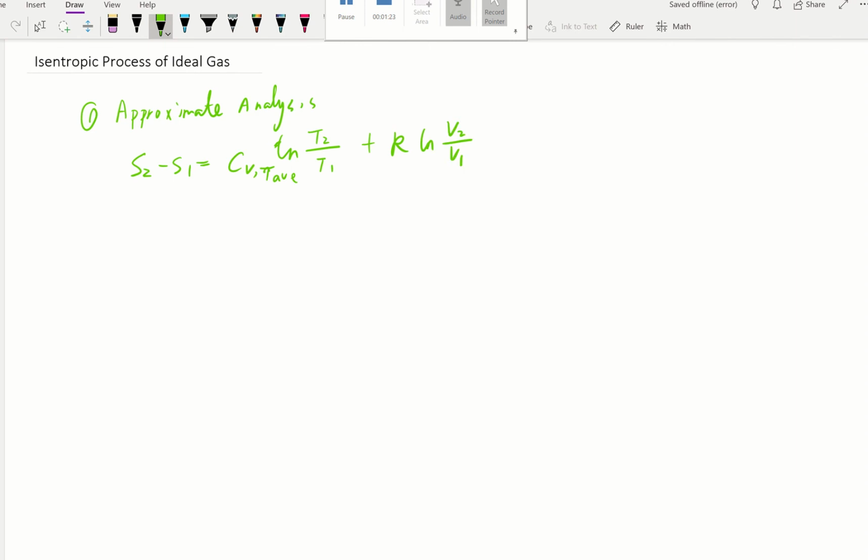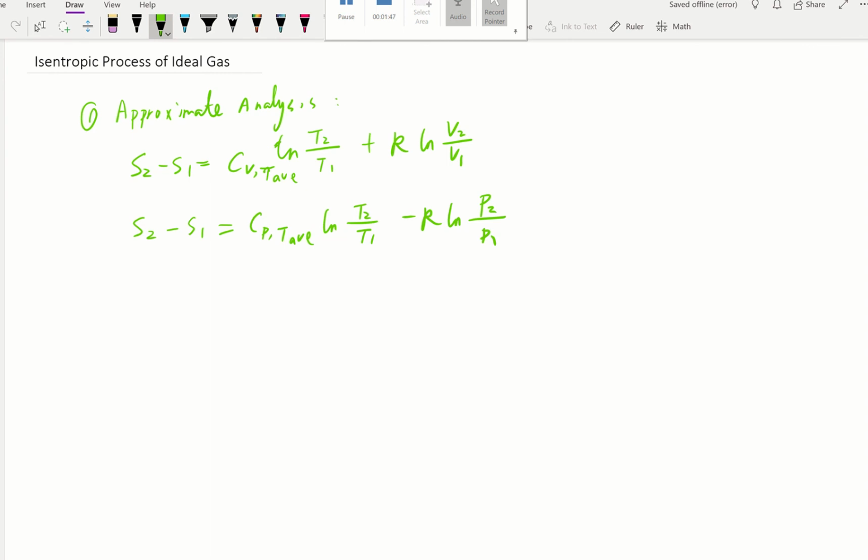So go ahead and look at the previous video if this needs to be reminded. And also we have a second equation, Cp at T average natural log T2 over T1 minus R natural log P2 over P1. We have those two equations coming from method number 1, approximate analysis.